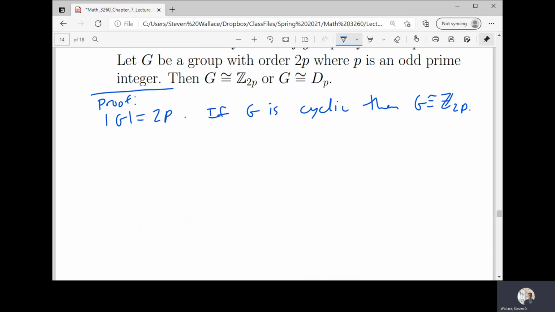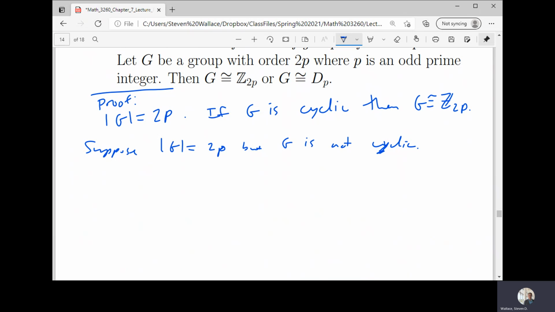So suppose G is order 2p and is not cyclic. We're going to show that it's isomorphic to the dihedral group.